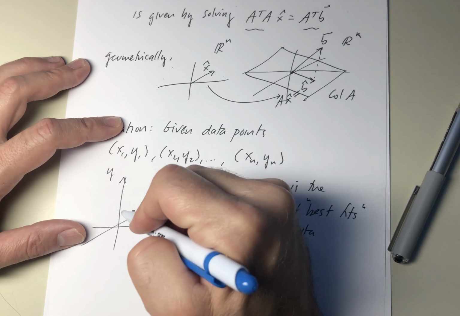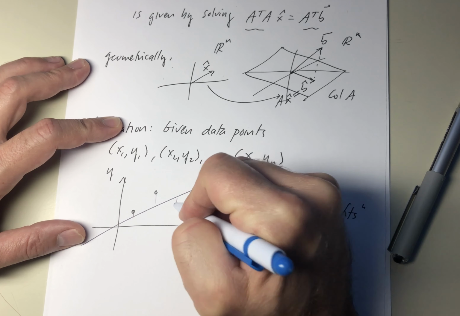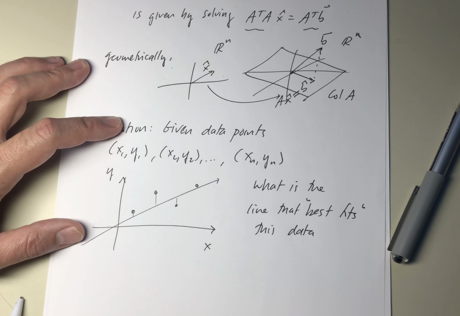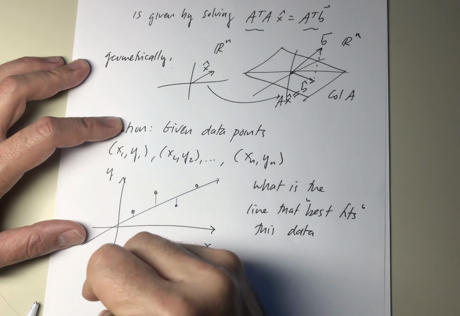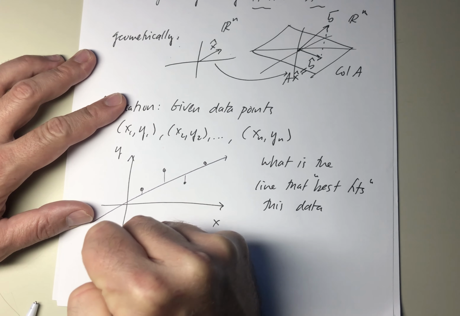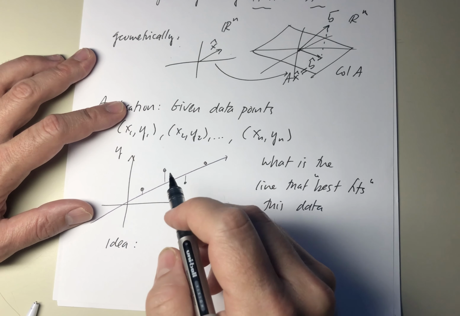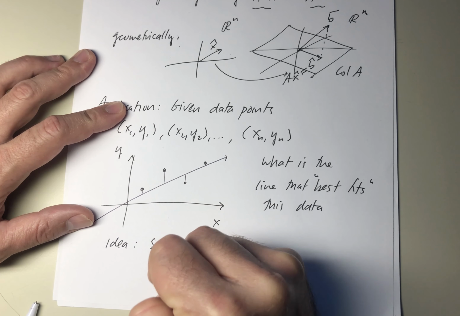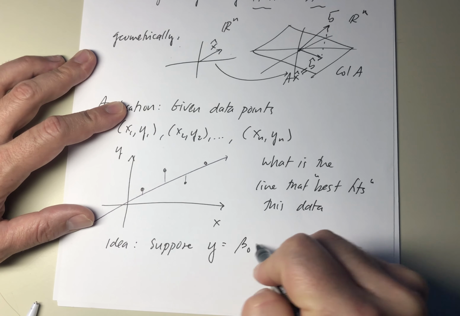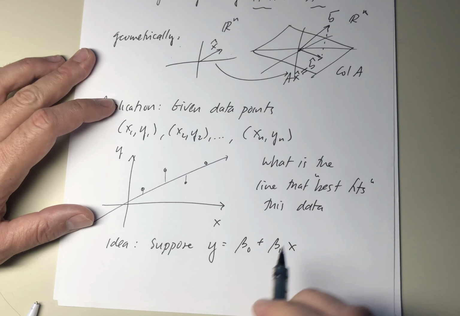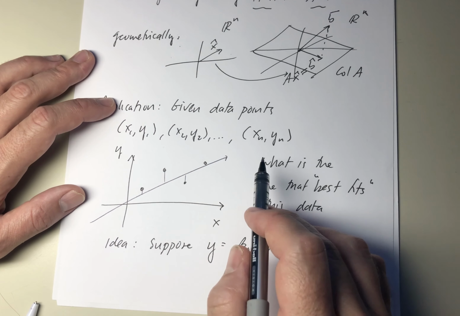We'll talk later about what I actually mean. It turns out we're going to minimize these little vertical distances to the line. If we assume they lie on a line, we know what a line is: y equals beta naught plus beta 1 x. This is the line I'm going for.